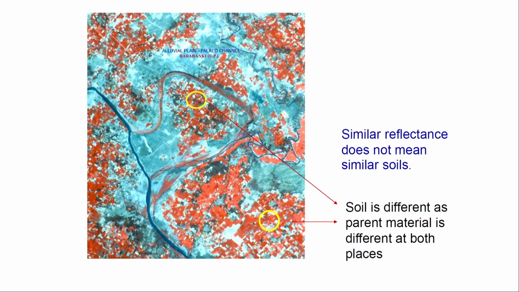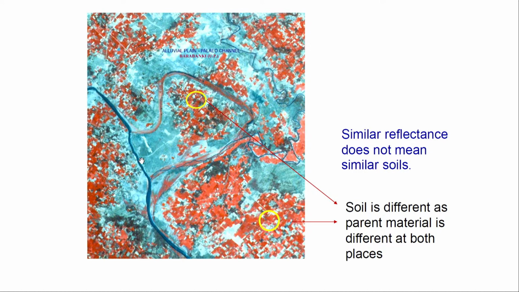Here one image is shown of the alluvial plain, and you see this one is a river course, an old river course. Now the river is flowing here, but earlier it was flowing like this.